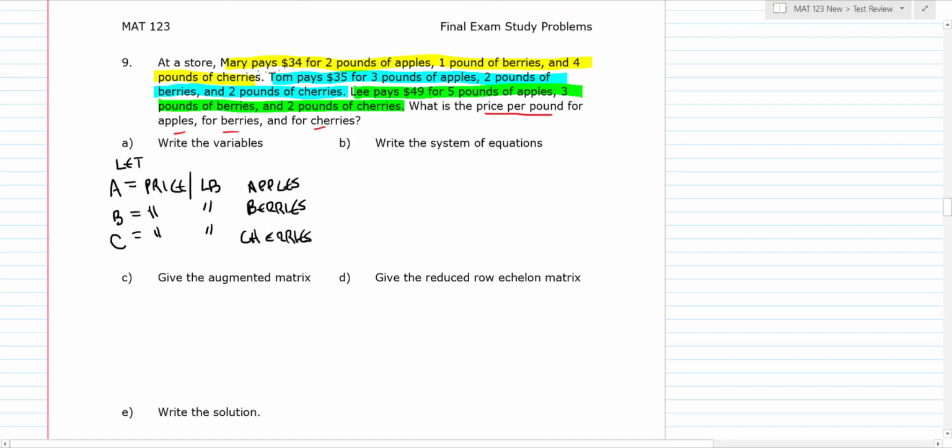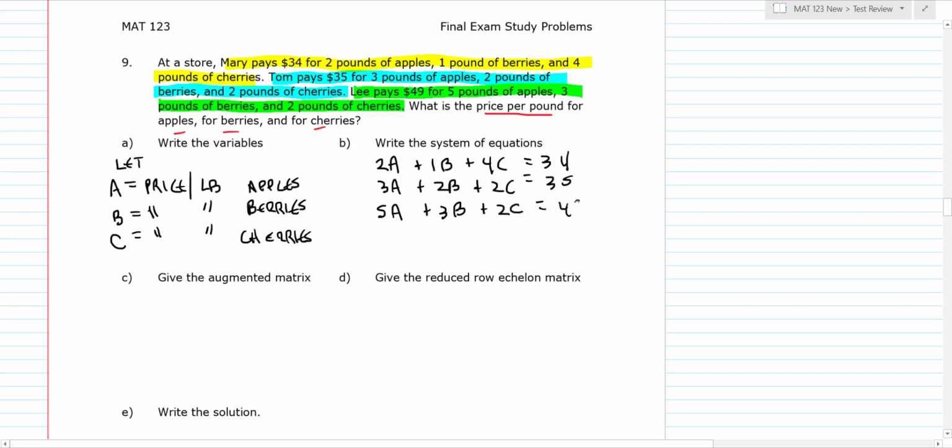Let's go to the one I highlighted in yellow: 2 pounds of apples, 1 pound of berries, 4 pounds of cherries adds up to $34. The second one says 3 pounds of apples, 2 pounds of berries, 2 pounds of cherries is $35. And the last one says 5 pounds of apples, 3 pounds of berries, 2 pounds of cherries is equal to $49. So that's your system of equations.